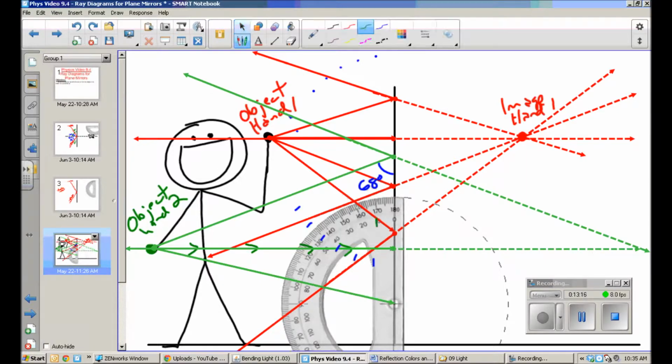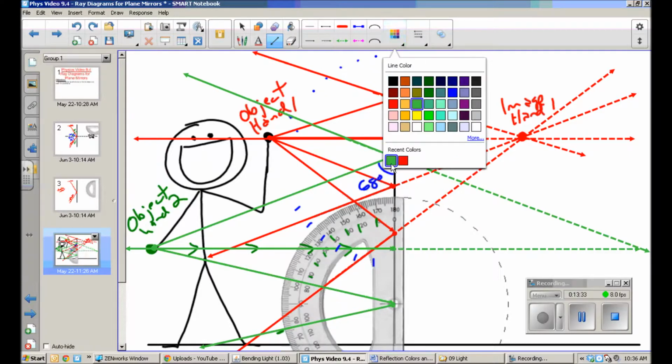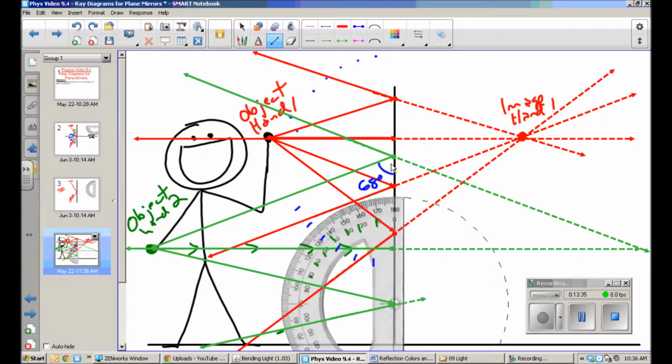Right? 10, 20, 30, 40, 50, 60, 76. So I've got to come up here to 76 on the other side. Put in the reflection, 76 degrees. Don't forget your extension. And once again, it crosses right over at that other point. So this point here is the reflection of the dude's hand.